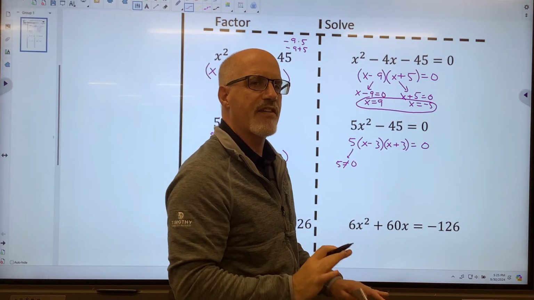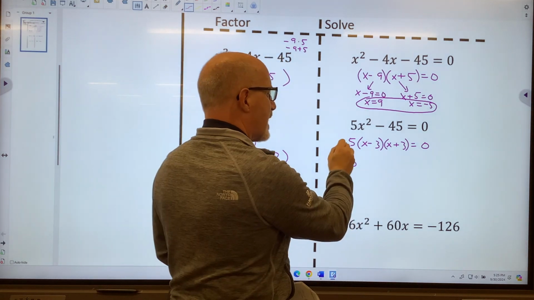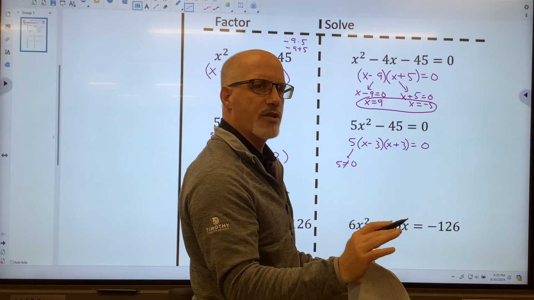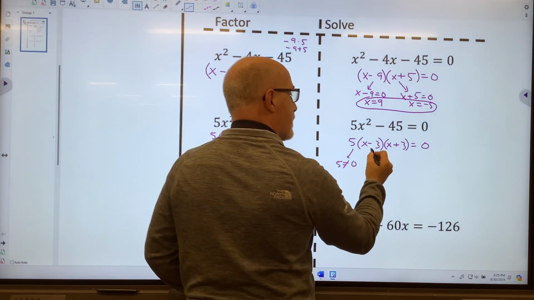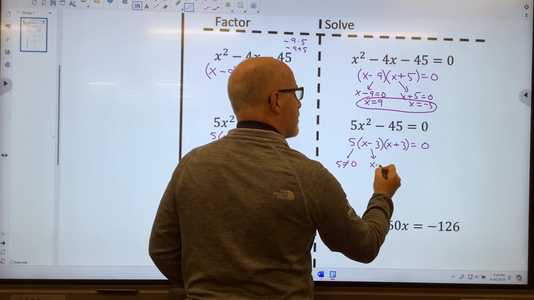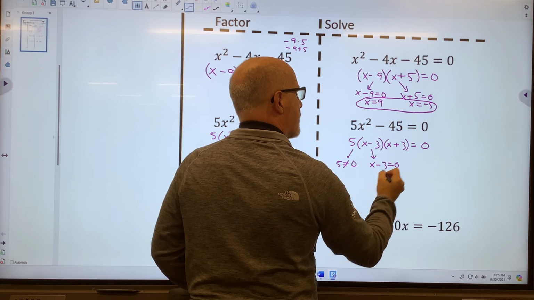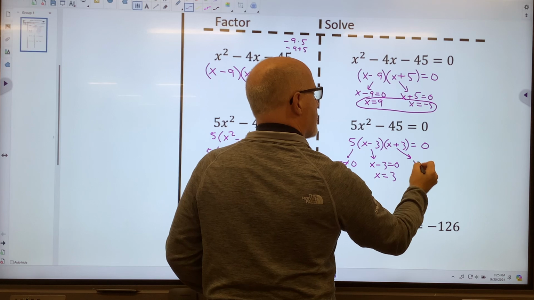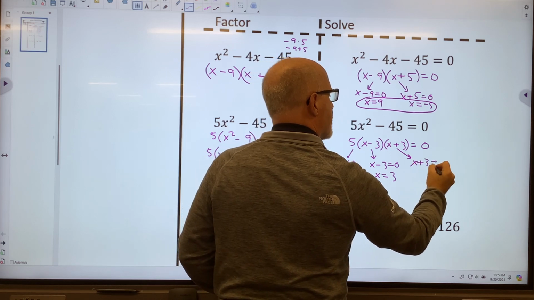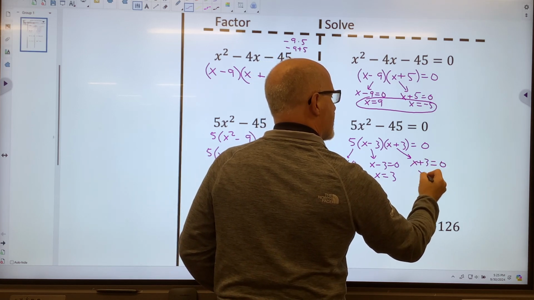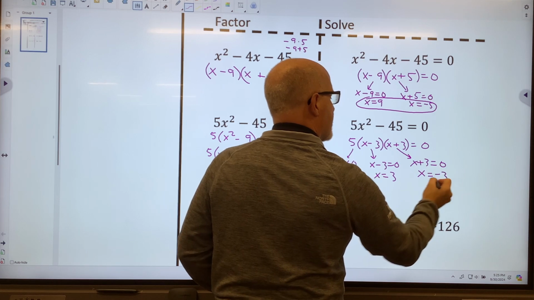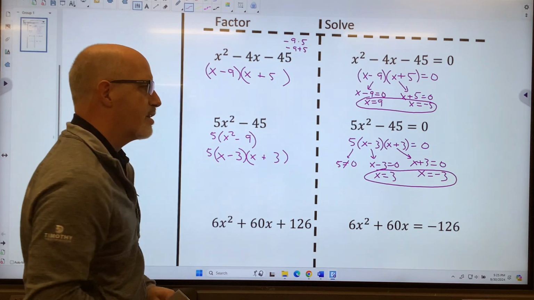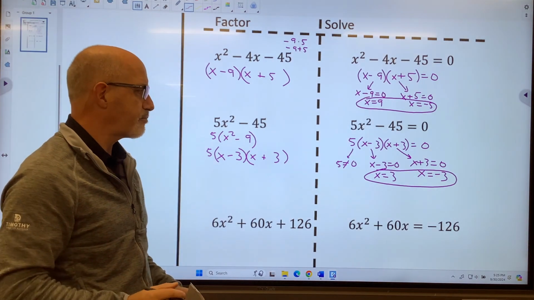It doesn't have a variable with it. So the constant that you factor out is not part of the solution because it doesn't have an x. But the ones with an x, we set them equal to 0. Add 3 to both sides, and you get x equals 3. This one, make x plus 3 equals 0. Subtract 3 from both sides, and you get 3 and negative 3 as your solutions for that quadratic.